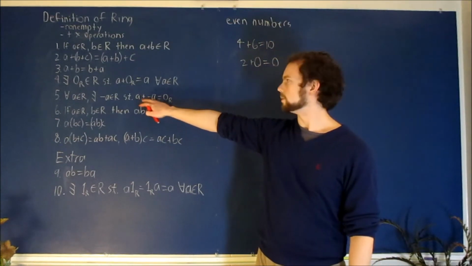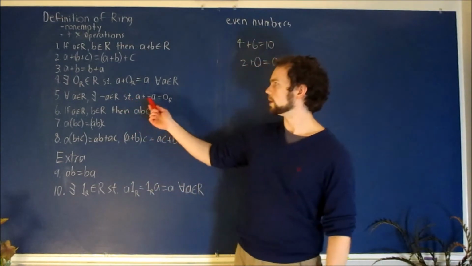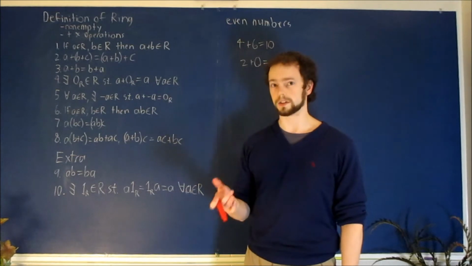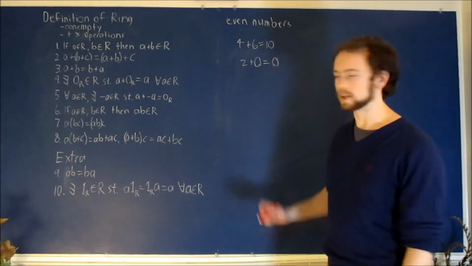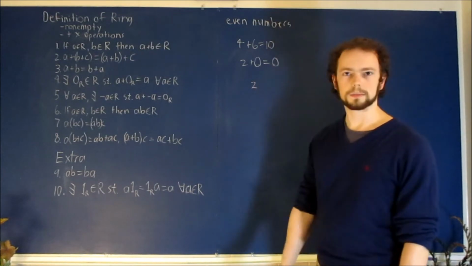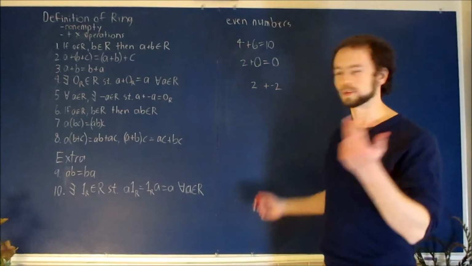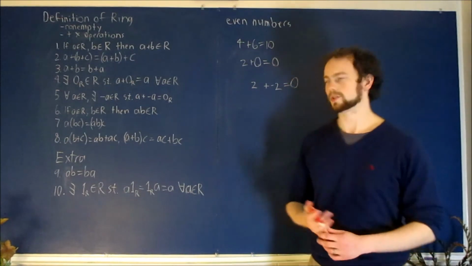For axiom 5 here, every element in the ring has to have an additive inverse. Okay. For the even numbers, this is pretty easy. 2 is an even number, and -2 is also an even number. If you add these together, you get 0. Okay, so that's satisfied.